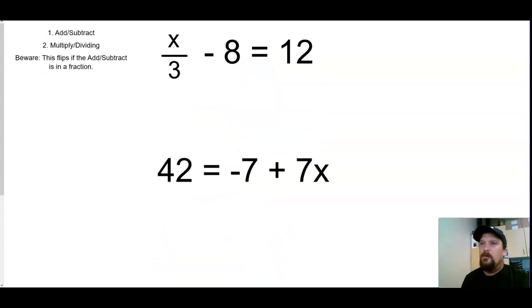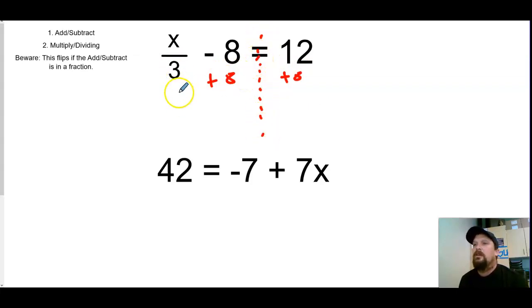Let's try a couple more. X divided by 3 minus 8 equals 12. This subtraction sign is not inside of a fraction, so let's add or subtract first. What's the inverse of subtracting an 8? That would be adding an 8, so let's add an 8 to both sides. The x divided by 3 drops down, these two cancel out, and 12 plus 8 is 20.